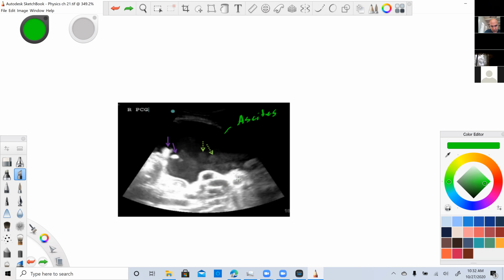But let's see, what do we have? More loops of intestines. Okay, I see what they're saying here. All right, well, let me do these loops of intestines first.